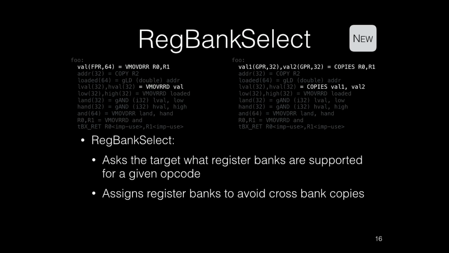So what we just did is that we assigned register banks to avoid cross-register bank copies. And for instance, on some ARM architectures, those fancy copies are about 20 cycles.